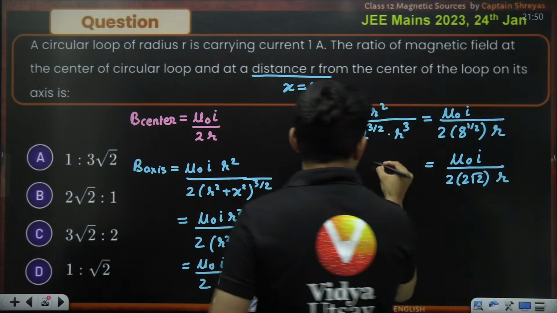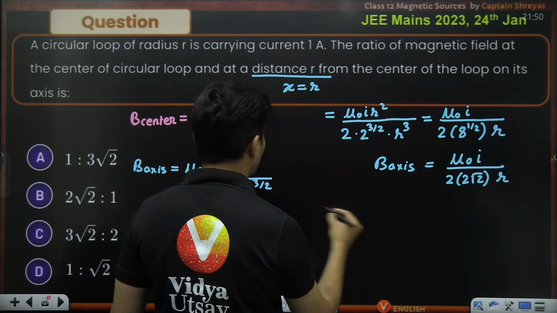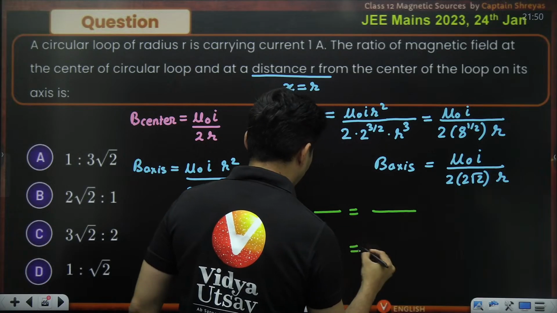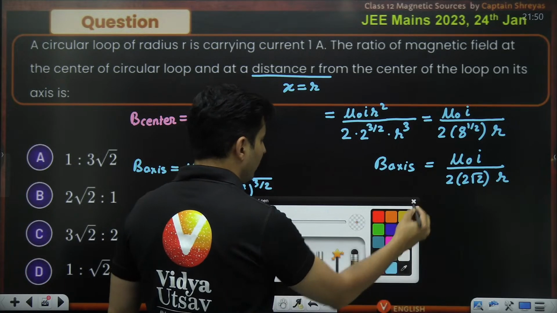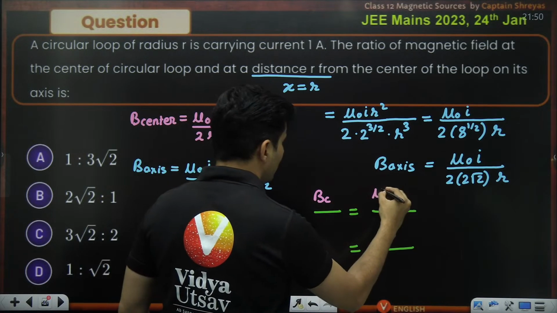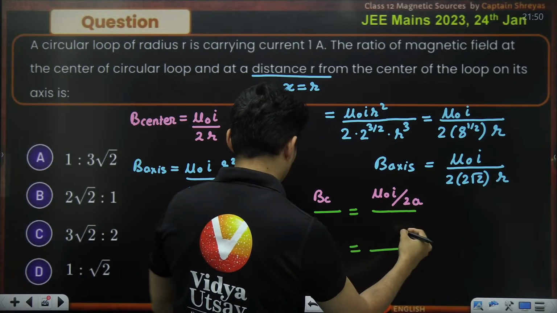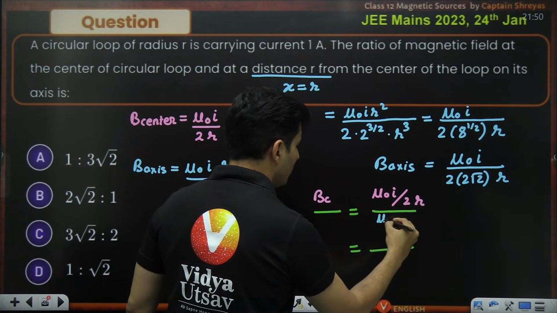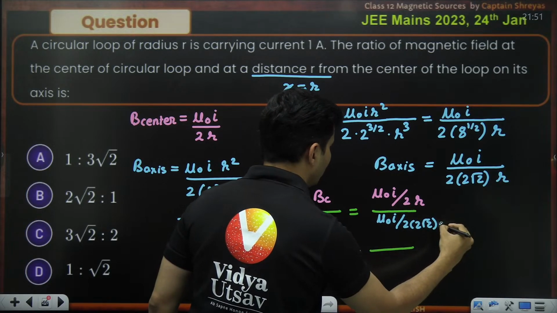So that is the magnetic field on the axis, but they are asking you the ratio of it. So let's think carefully. What will be the answer? First, at the center, which is mu naught I divided by 2a or 2r basically, and the whole thing divided by mu naught I divided by 2 multiplied by 2 root 2 r.